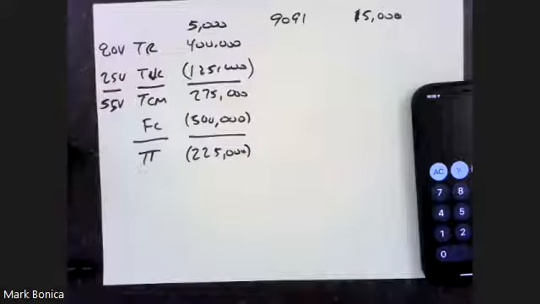There's going to be some rounding error here, but this is our break even. And if you get that, then do the third column. So if this is clicking, keep driving.